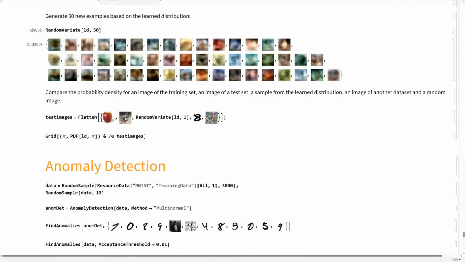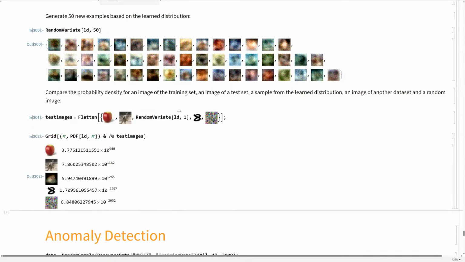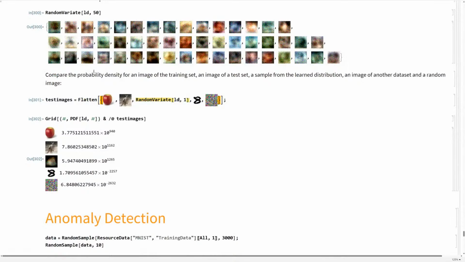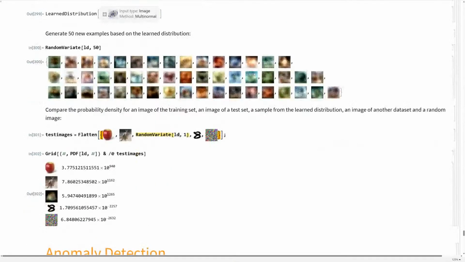And here I'm just comparing the probability density of an image from the training set. This is from the training set, this one I'm getting a random one from the learned distribution, and this one is the digit, and this one is totally random, not related.